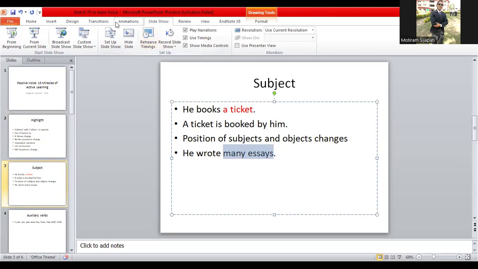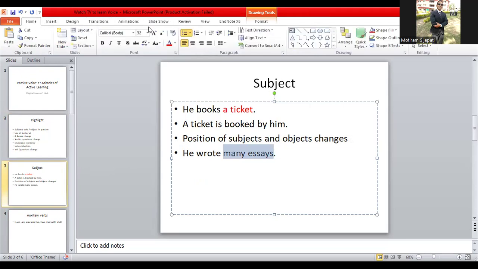Many essays. So you are bringing many essays. Then it is the past tense. Many means more than one. Were written by him.